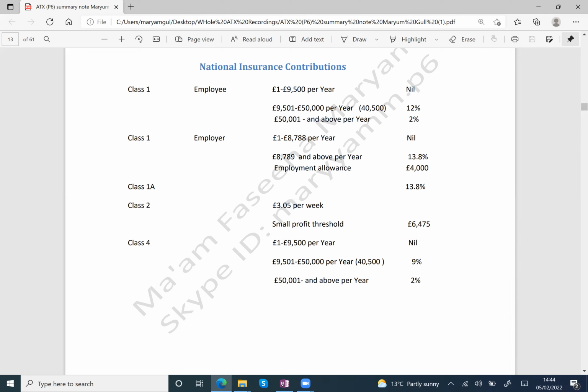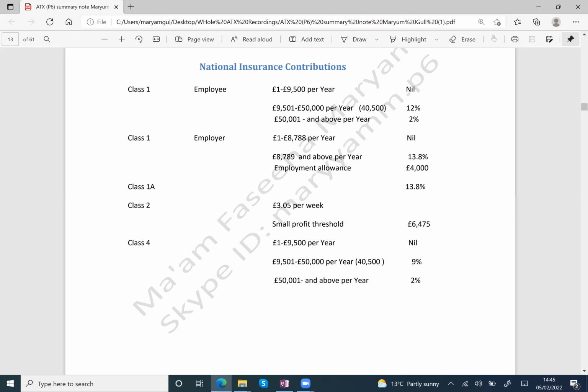So multiply it by 52 and tell me the answer. 3.05 into 52 is 159. Write down in your notes: 159 will be fixed. You have to pay it.